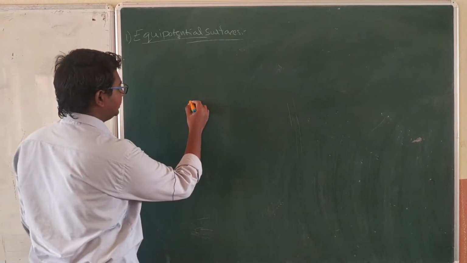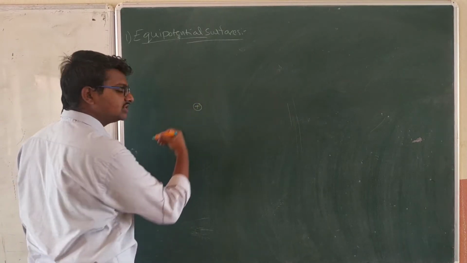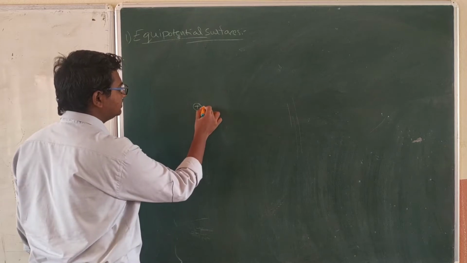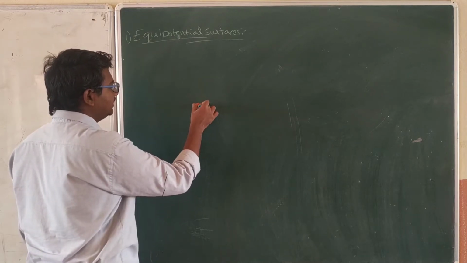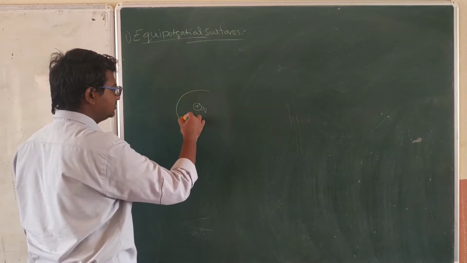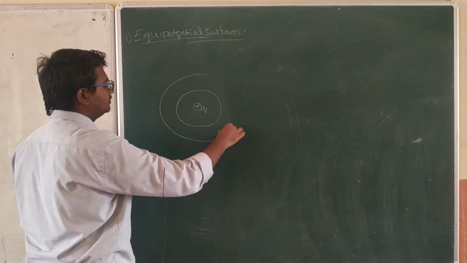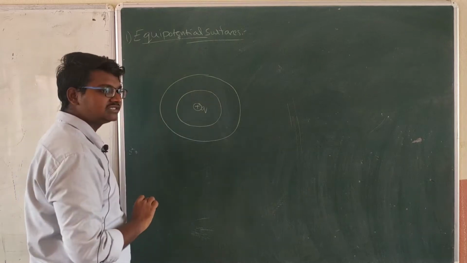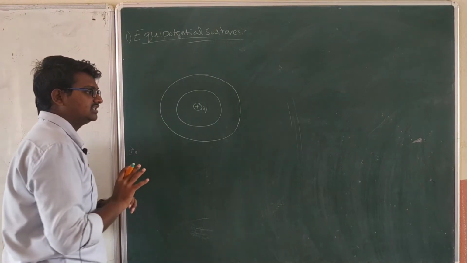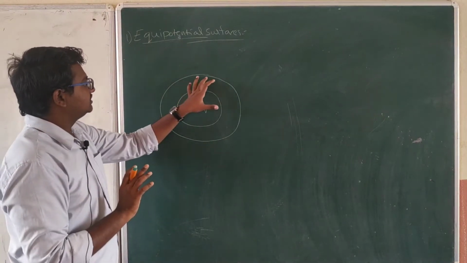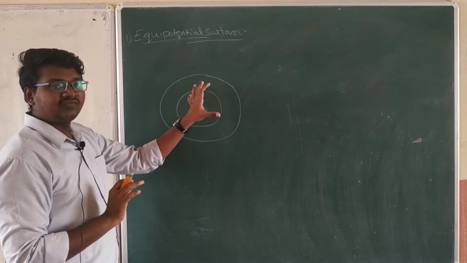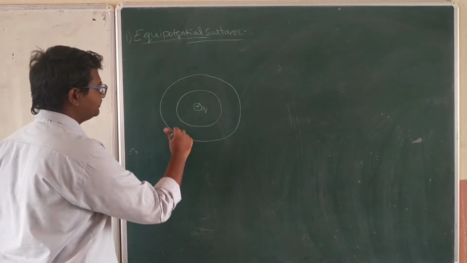Let me consider a charge plus Q, a positive charge Q. As this is a spherical charge, we will observe concentric spheres, nothing but concentric spherical electric field around it. Right, we are observing that.